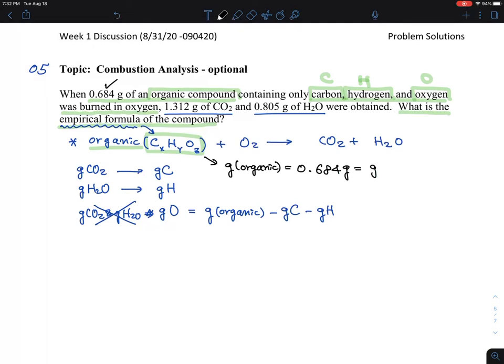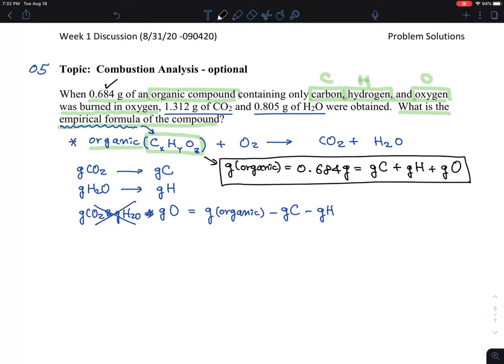And it's mentioned that it's composed of carbon, composed of hydrogen, and composed of oxygen and nothing else. So from here, I have one definition that organic compound made of 3 kinds of atom and total mass can be shown up here.